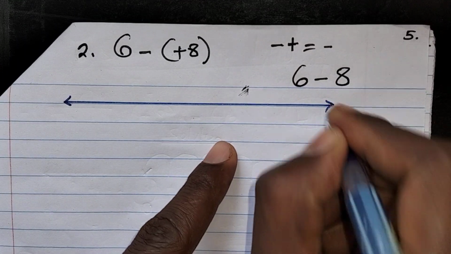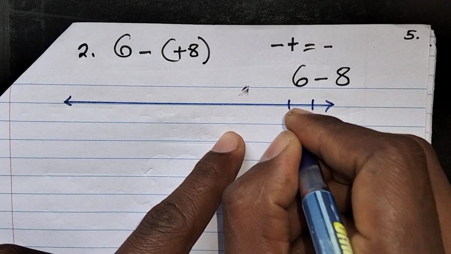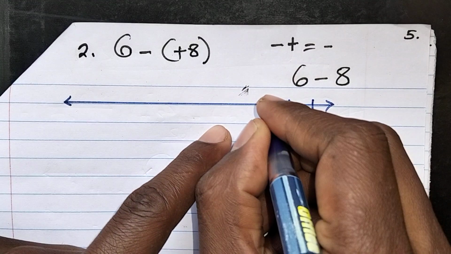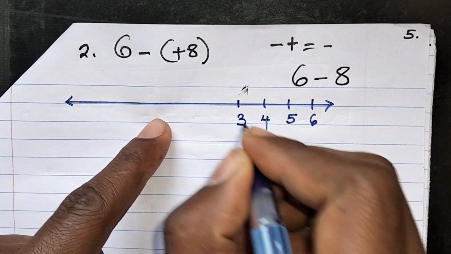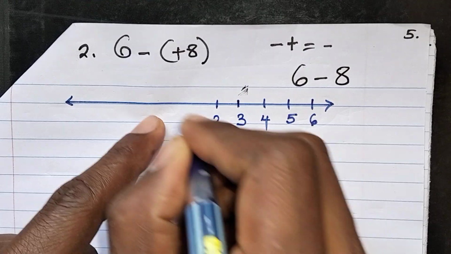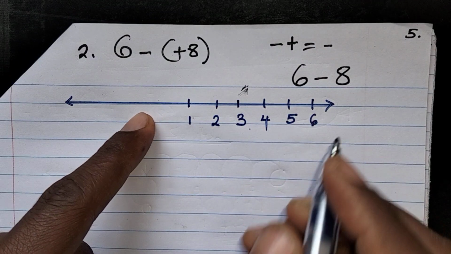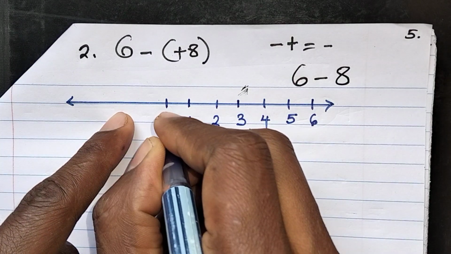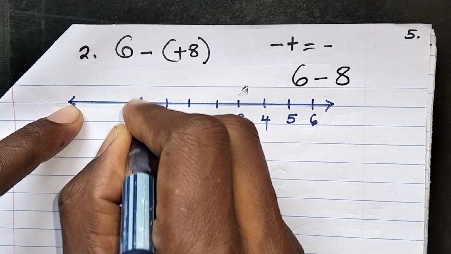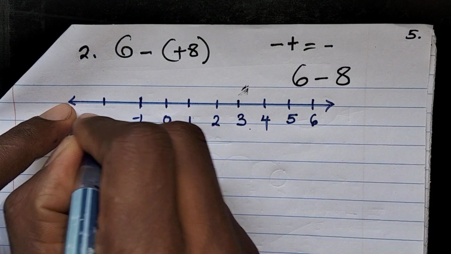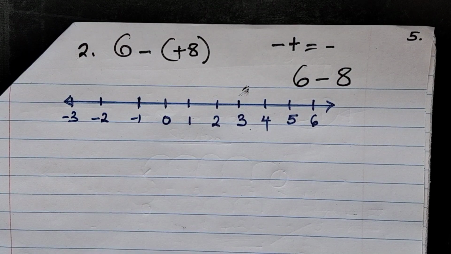For example, we can have 6 here, which is positive, then 5, 4, 3, 2, 1, that is 1, 2, 3, 4, 5, 6, yes. Then we have 0, negative 1, which is important, and also negative 2. You can continue up to negative 3 and so forth. We are just giving an estimate.